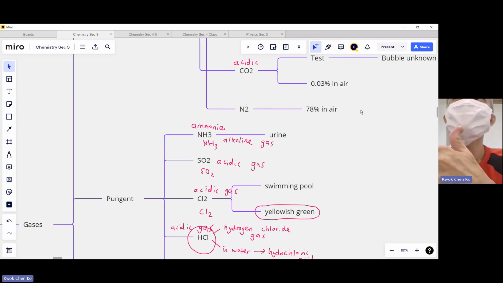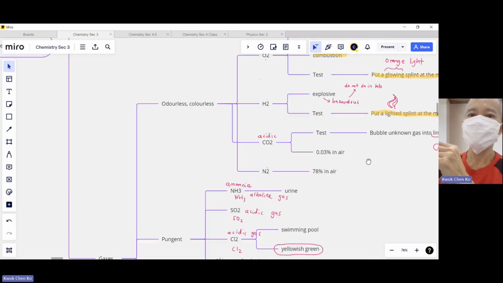There are others as well, like what you said, methane. Methane is going to come out too. Just for info, methane is insoluble in water, it's odorless, it's colorless, it's neutral. There are many other gases, but these are the standard ones.